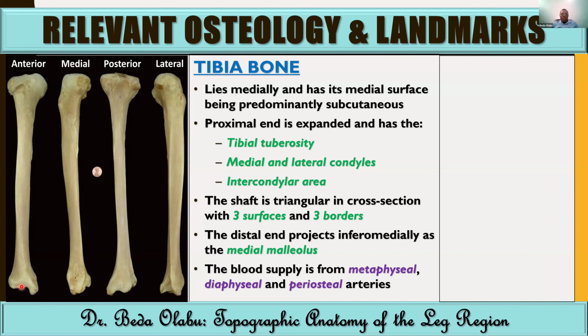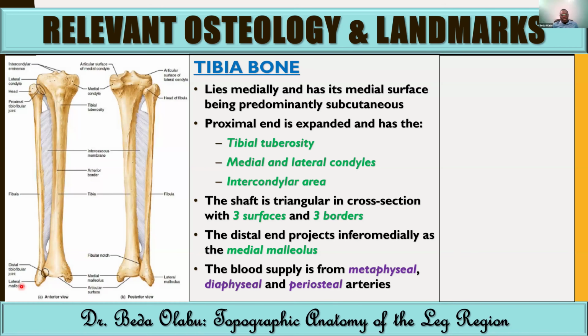Now, something important about the blood supply to tibia, I'd mentioned it earlier, but I want to clarify with detail now. Just like any other long bone, tibia has three standard sources of blood supply. There are those arteries that enter at the metaphysis of the bone.